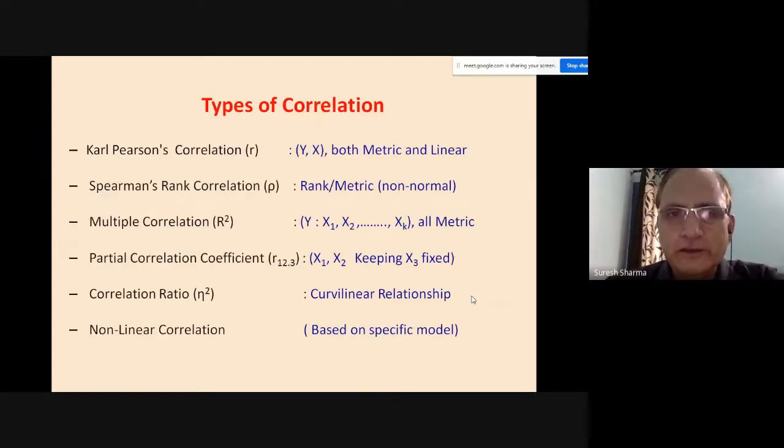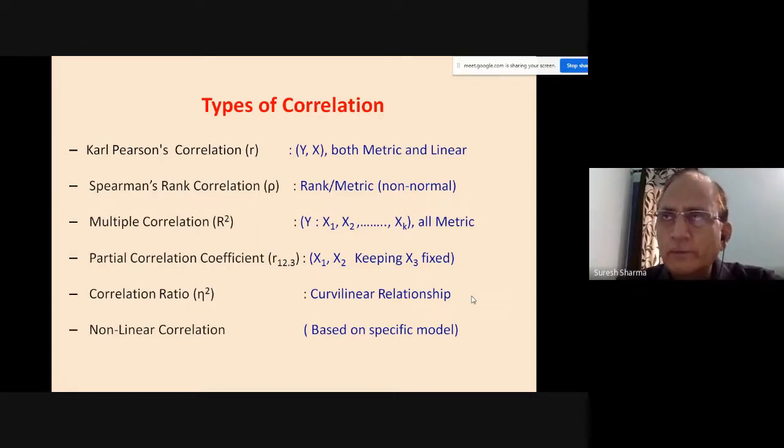If you see carefully, the first important type of correlation is called Karl Pearson's correlation coefficient. Sometimes this is also called product moment correlation coefficient, because it is based on the product of certain two variables. Now, its symbol is small r.